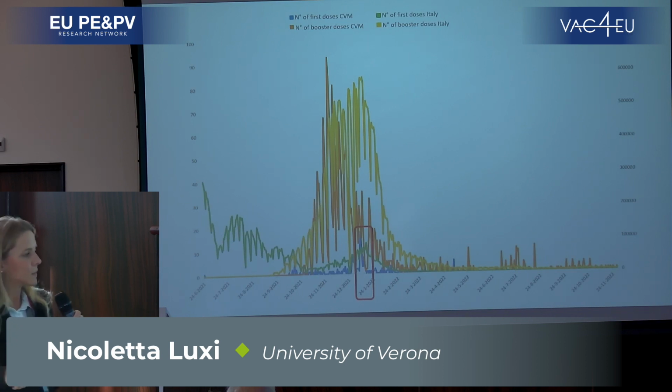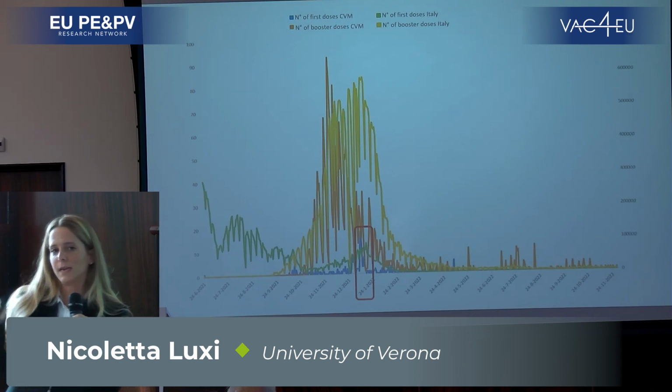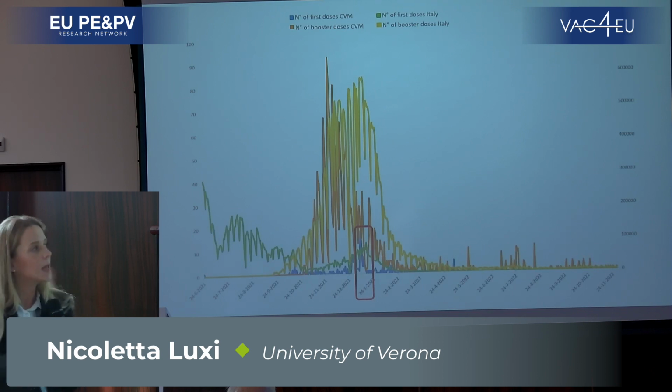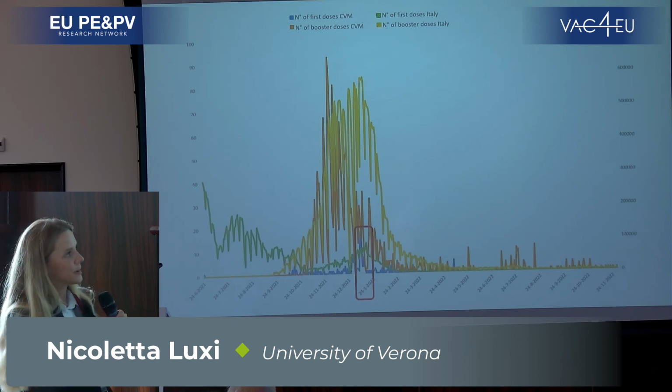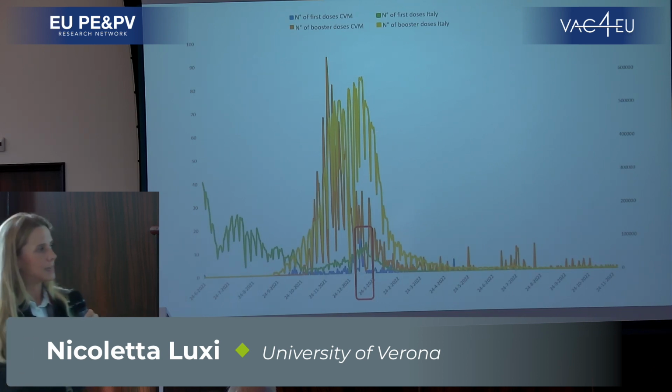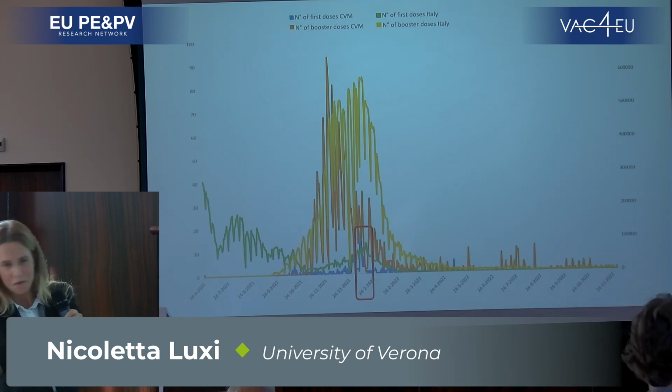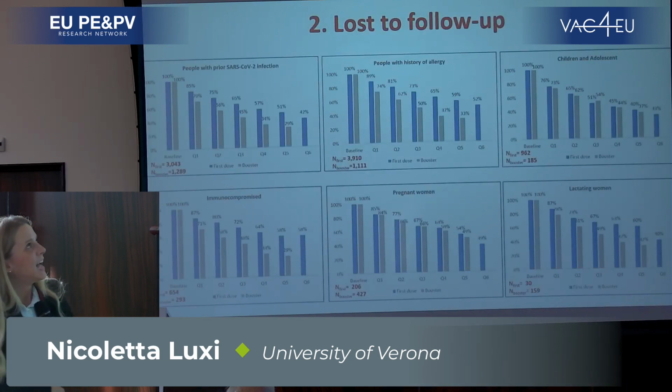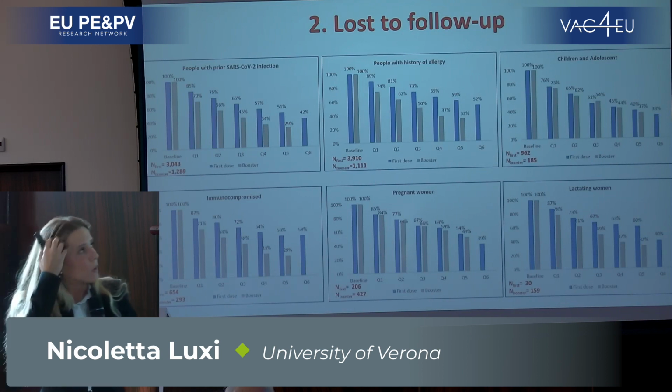So we can see a peak for the first dose only in this part, which is related to the authorization of the COVID-19 vaccine in children. And again, the recruitment of vaccinees as booster with the vaccination campaign was, well, satisfactory, let's say.